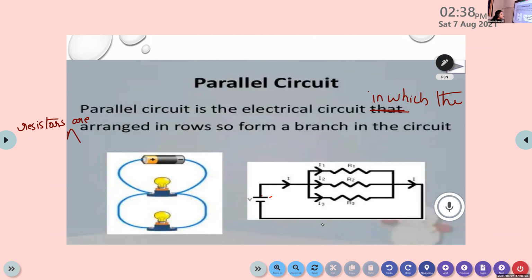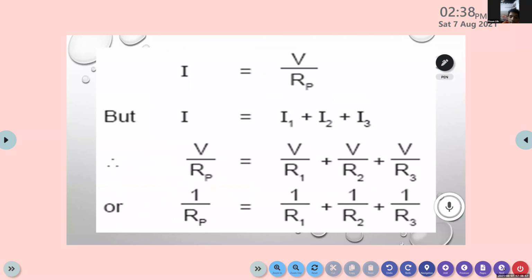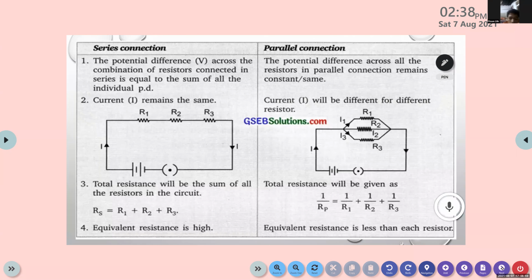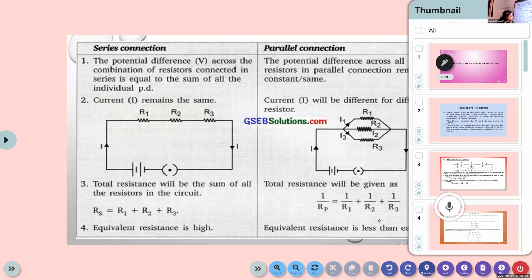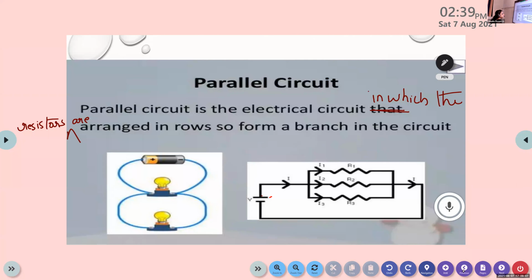A parallel circuit is an electric circuit in which the resistors are arranged in rows to form a branch in the circuit. In a parallel circuit, all the resistors are arranged in rows.